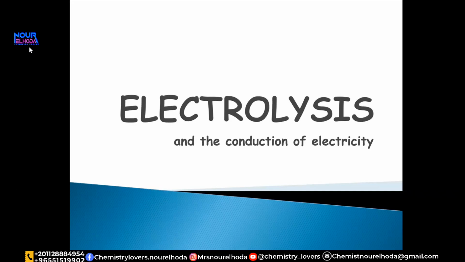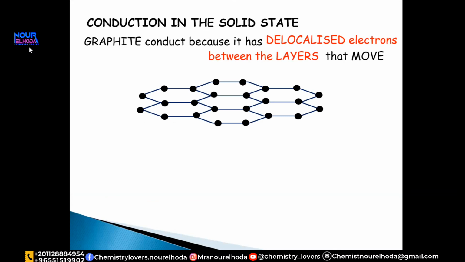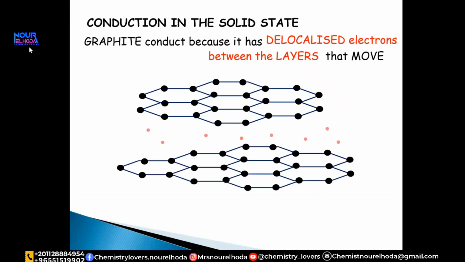When I ask about conduction of electricity, I want you to say they have free delocalized electrons, or free delocalized ions. Which one is free to move, the ions or the electrons? There is no relation between melting point, boiling point and electricity. So take care about what the question wants.